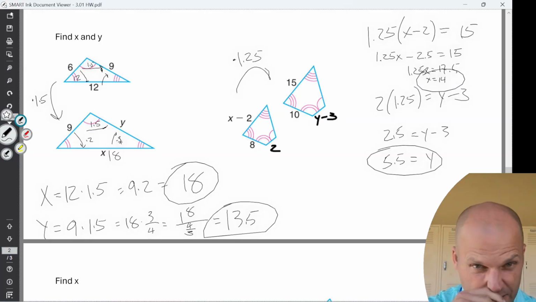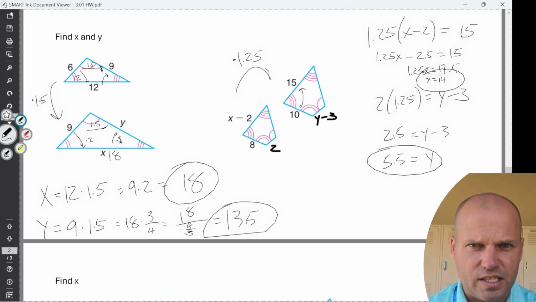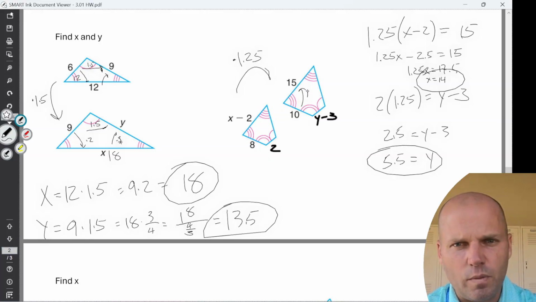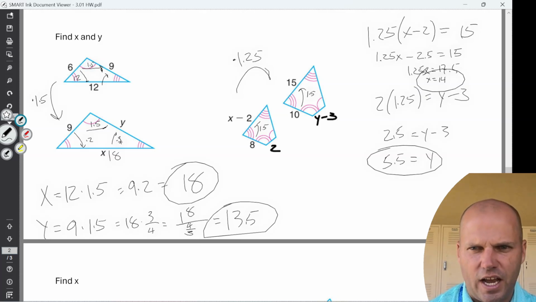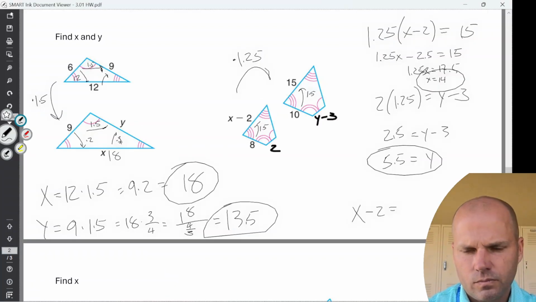Are there other ways to get those answers? Yes. We could have looked within this, say 15 to 10 is 1.5 times the size, which means 8 to x plus 2 is 1.5 times the size. I would have gotten x minus 2 equals 1.5 times 8. Sometimes there's an easier one out there.